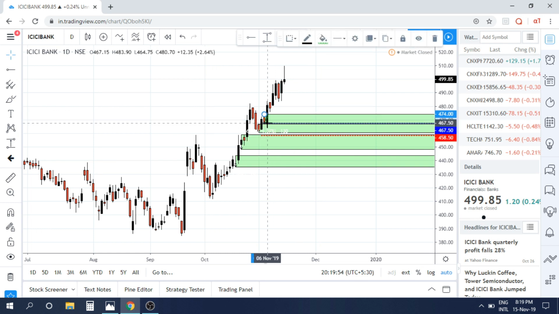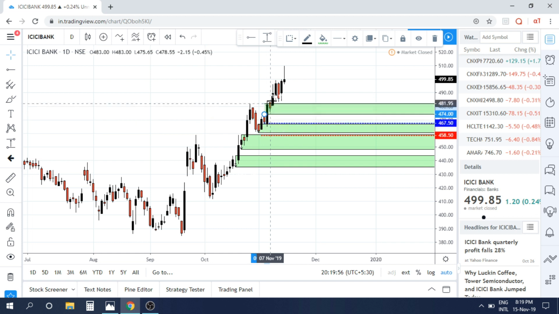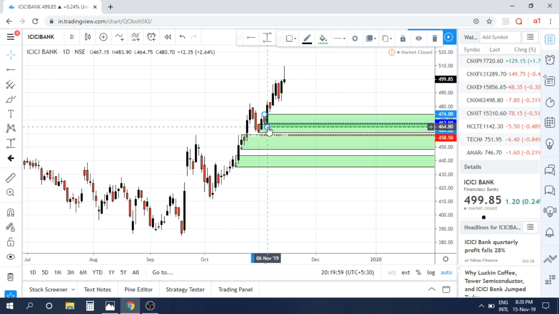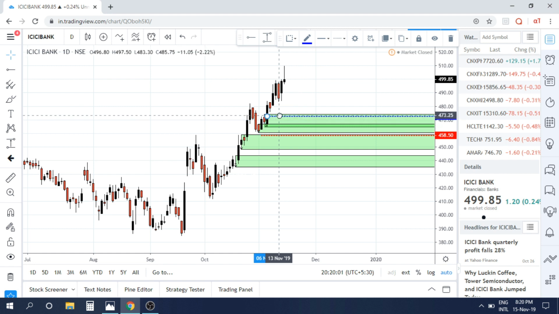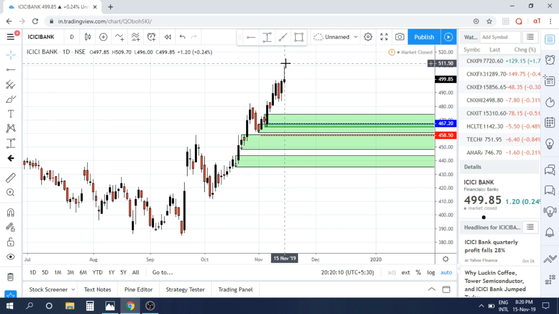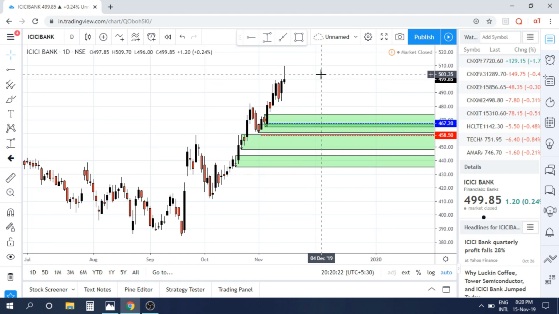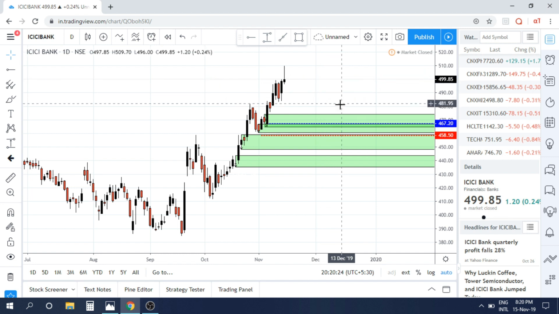So my entry is not here. I have kept my entry at the start of the second zone, right over here. And price comes to the start of this upper zone, enters it slightly without giving me entry, and moves up considerably from the zone. Then if price returns back, I would not take this trade anymore.